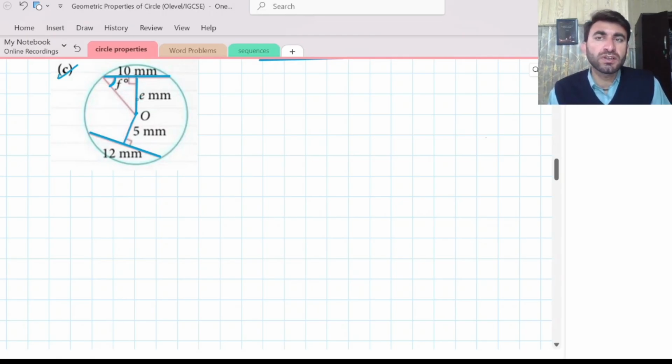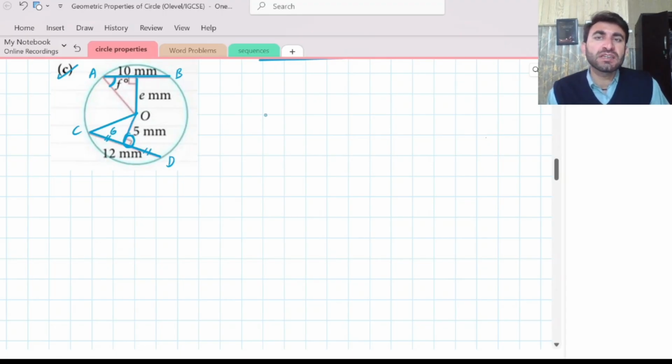So first of all, in order to figure out the value of E, because we know there are two chords, I will name them AB and CD. So we know OC must equal OA because both are radial segments, and here we can see that the angle is 90 degrees, so it is also passing through the midpoint of this chord. So this side shall become 6 millimeters.